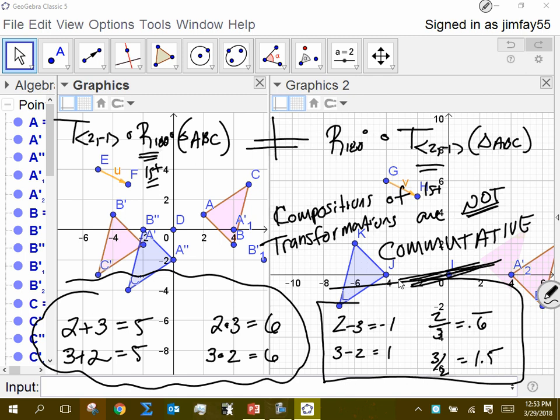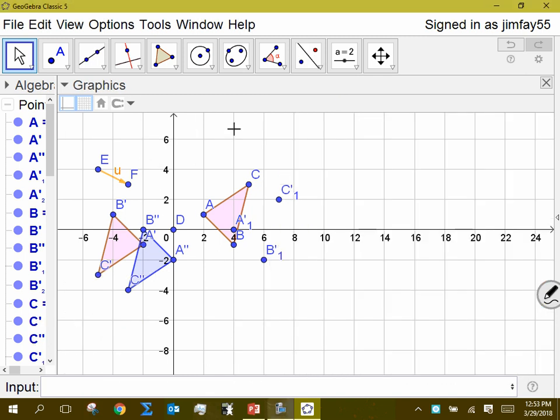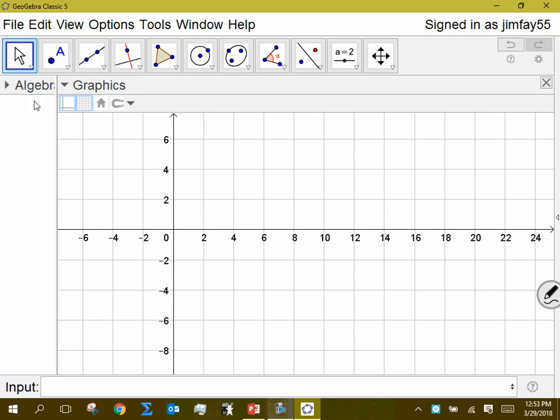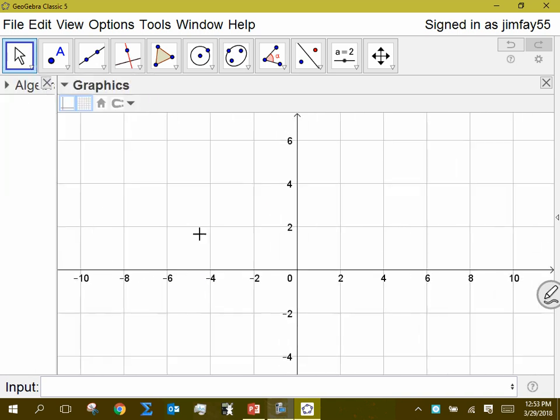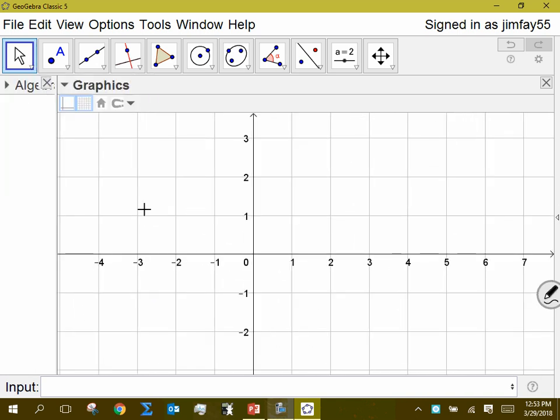All right? There are some transformations that are commutative, but collectively, as an overall group, they are not. That's a very, very important property to know about composition of transformations. That'll be useful when you get into algebra as well.